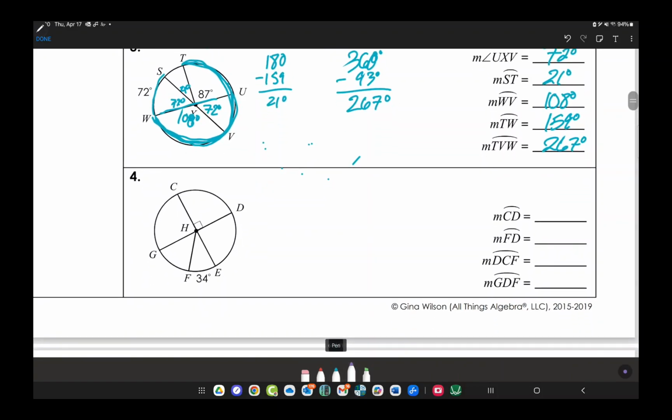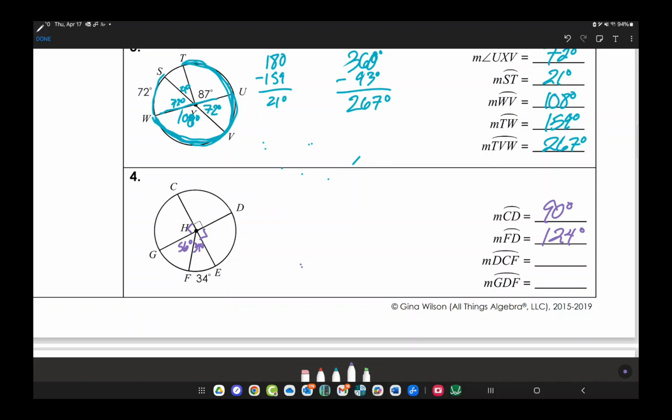All right, for the next one, we know we have 90, which means that this is 34 degrees. 90 minus 34 would be 56 degrees. This is also 90 and also 90. So CD is 90 degrees. FD would be 90 plus 34, which is 124 degrees.